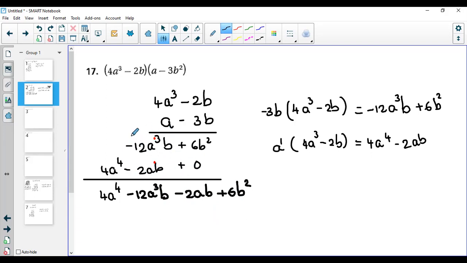I will repeat this part again, why I did not solve minus 12a cubed b and minus 2ab, because when we add or subtract polynomials, we cannot do anything with the exponents unless they are like terms. Remember the word like terms? Like terms means even the exponents should be the same. So here the exponents are completely different, right? So that's why we cannot add or subtract these two. So we just write it the same, that's all.